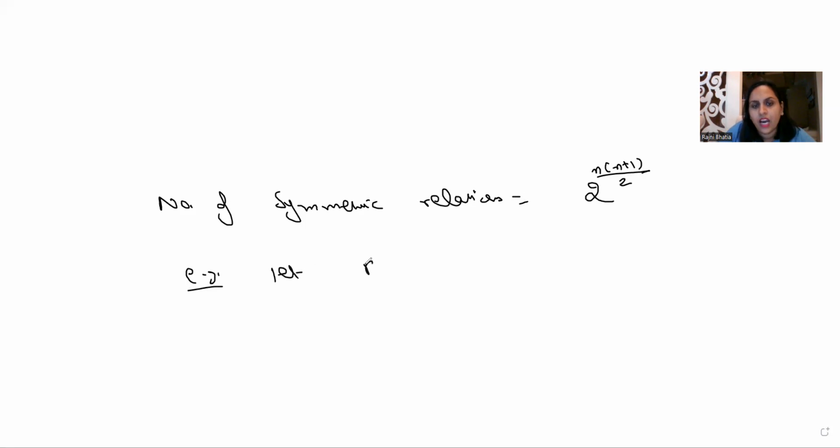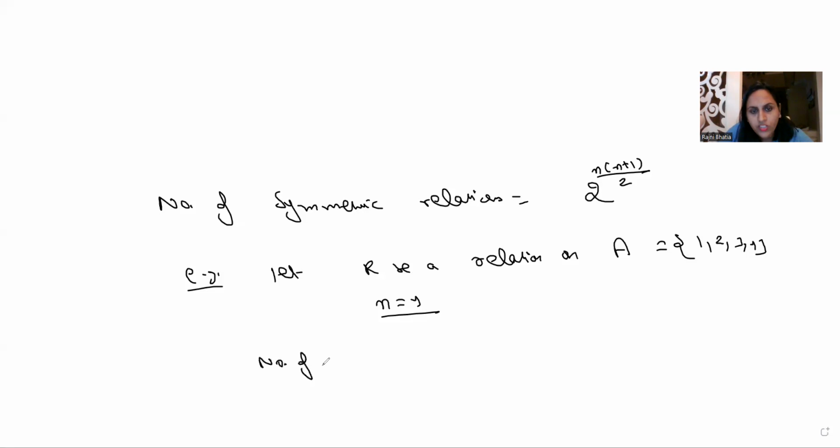Let me give you an example. Let R be a relation on A, and A has 4 elements. So the value of n will be 4. If the question is to find the number of symmetric relations, the number is 2 raised to the power n(n+1)/2, which is 2 raised to the power 4 into 5 upon 2.